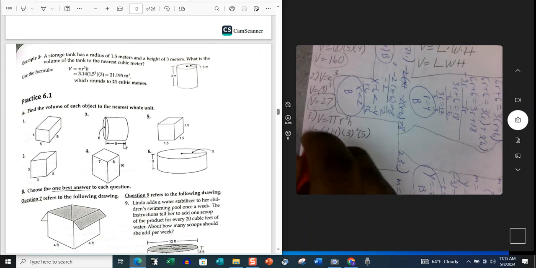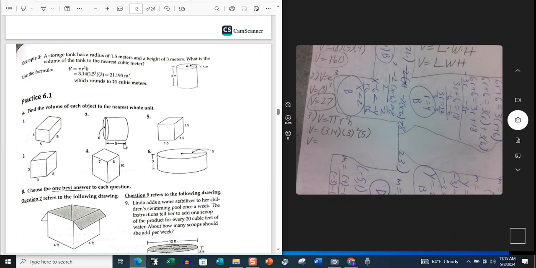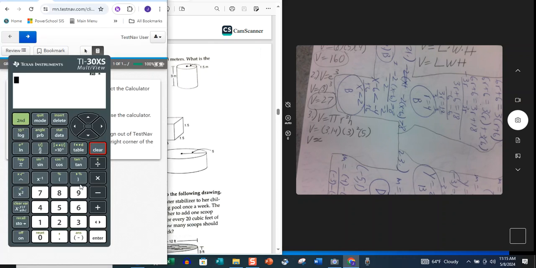Okay, so now the volume is approximately equal, because we're using pi here. So we'll take our calculator. We'll take the 3.14 times the 3, close the parenthesis.